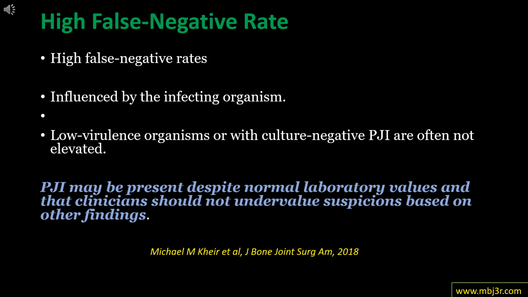Laboratory values in patients infected with low virulence organisms or with culture negative joint infections are often not elevated. The authors concluded that joint infection may be present despite normal laboratory values and that clinicians should not undervalue suspicions based on other findings.